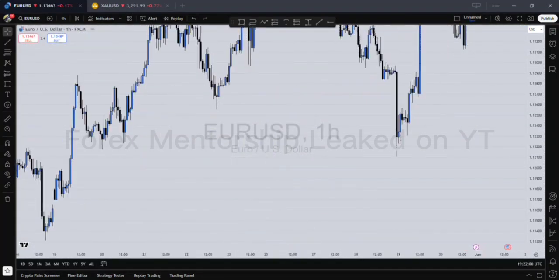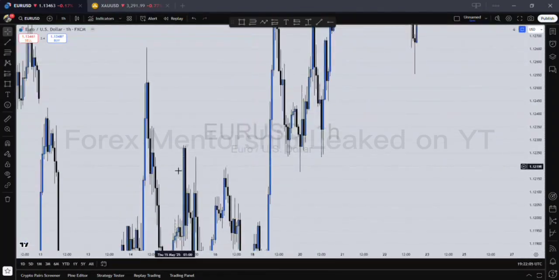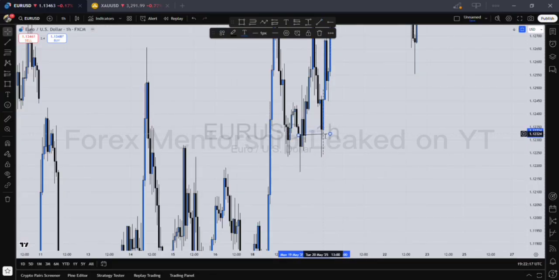For example, look at this example now. First, price taps into the fair value gap. So this is an order block by what I just explained. Why?